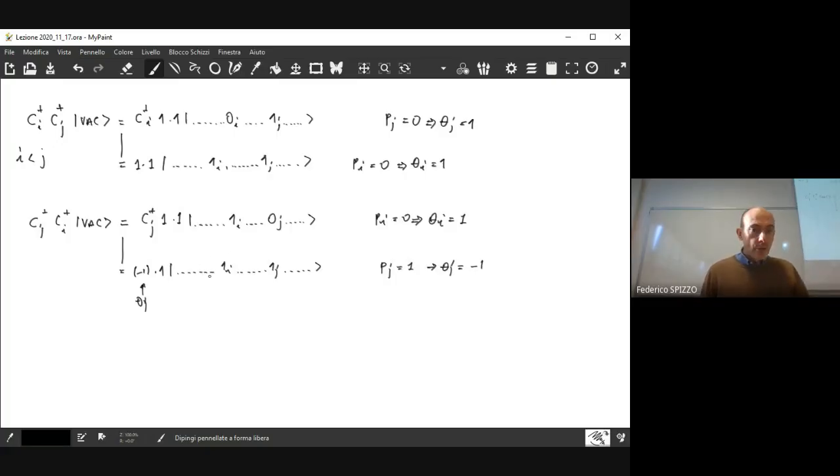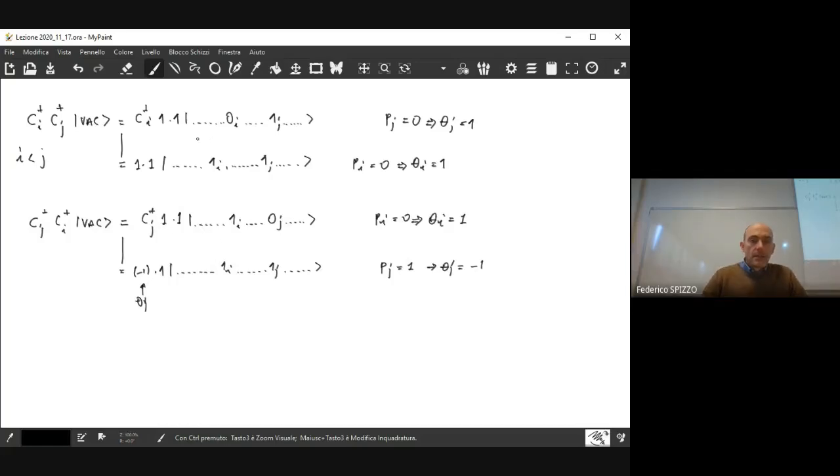So in this case, we obtain exactly the same final state, but the final state has a minus sign in front. So if we exchange the order between two electrons, then the sign of the state switches from 1 to minus 1.